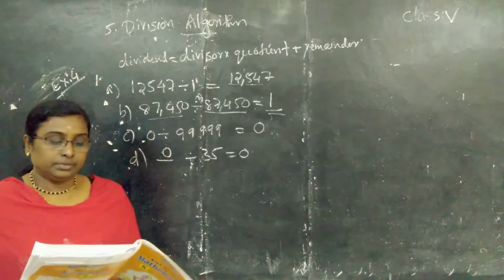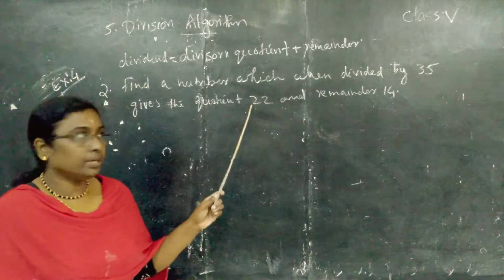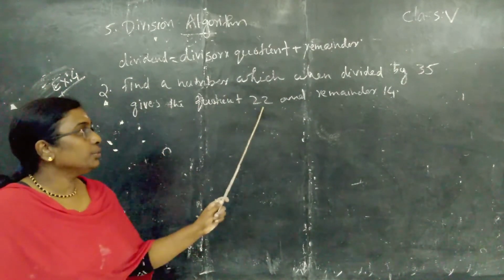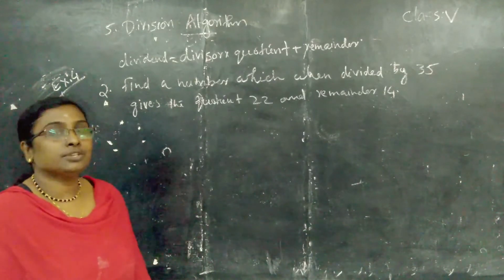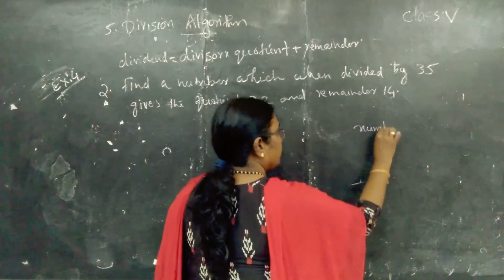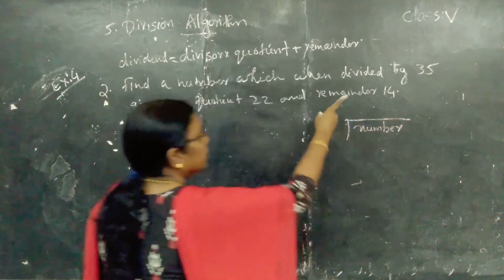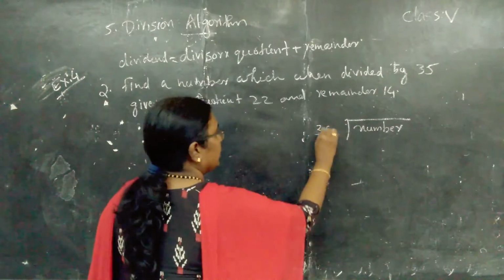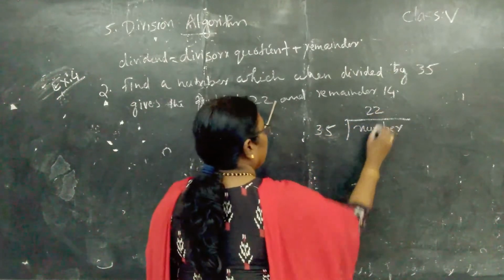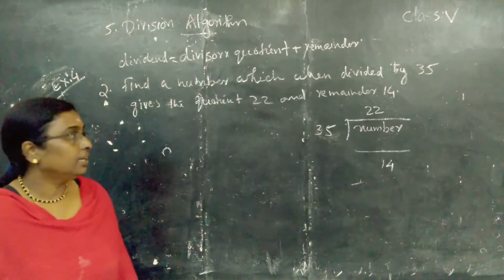Okay. Then look at the second question. Find a number which when divided by 35 gives the quotient 22 and the remainder 14. Isn't it?